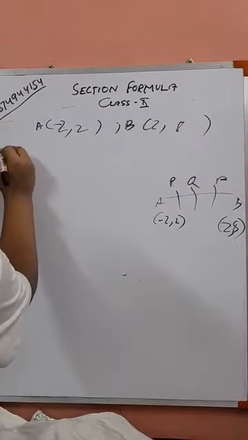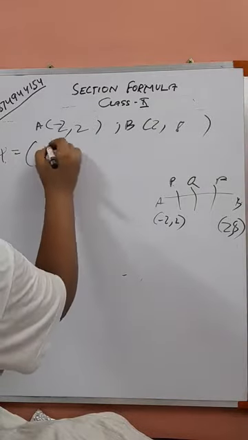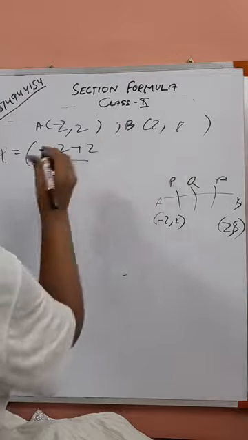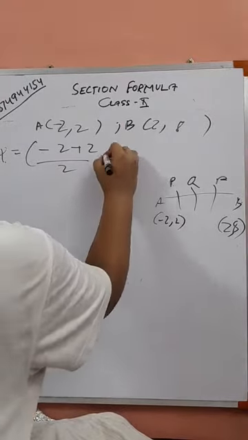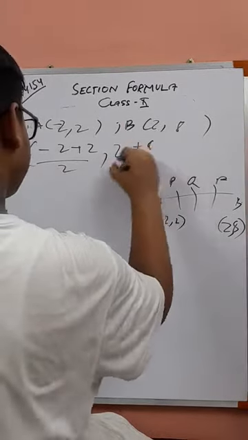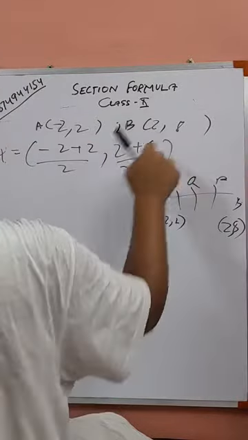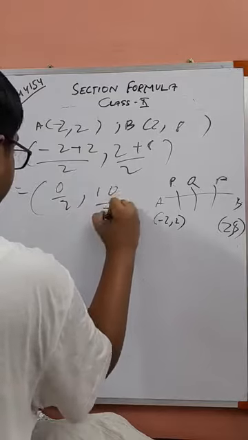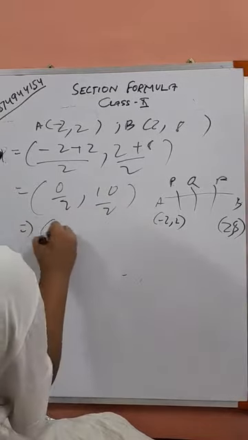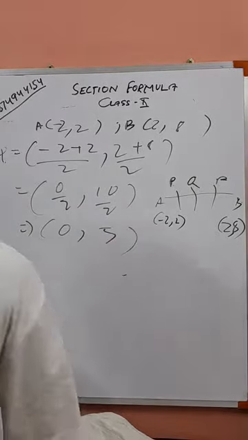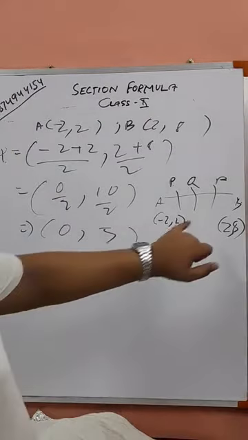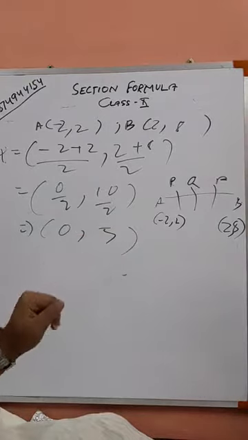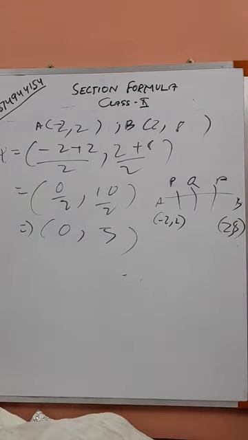Now Q is equal to, by midpoint formula, minus 2 plus 2 by 2 comma 2 plus 8 by 2, which is equal to 0 by 2 comma 10 by 2, which will be equal to 0 comma 5. Now Q is found out. Now we can find this P by midpoint formula.